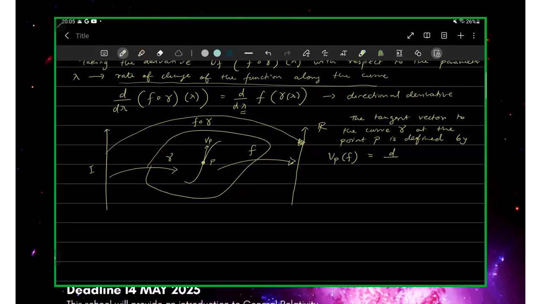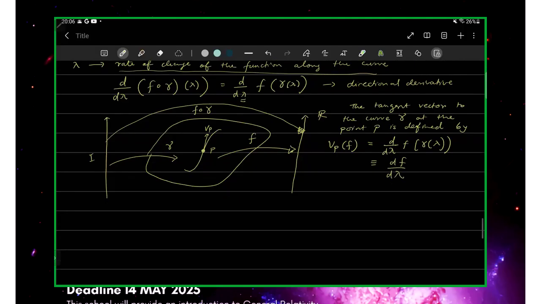It is actually d by d lambda, which is defined as df by d lambda. Now this doesn't actually mean that this is a function of f. It just means that VP is acting on f. This is a particular notation. I don't know if you're familiar with this, but this just means that VP is acting on f.